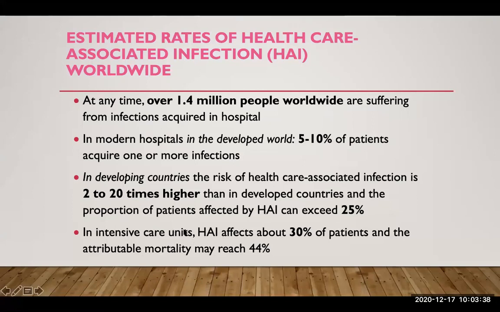And in the ICUs, hospital associated infections can affect 30%, and the mortality can reach up to 44%. This is where infection control practice plays a role to reduce the transmission of hospital acquired infections.